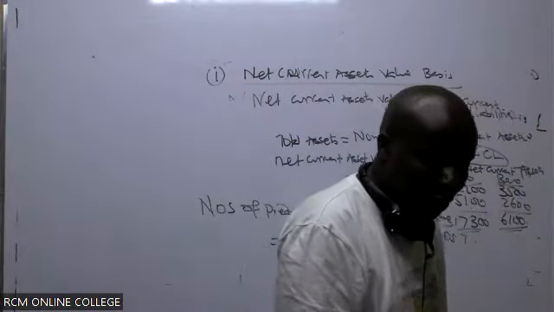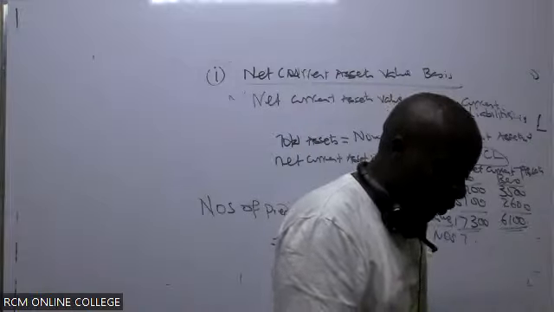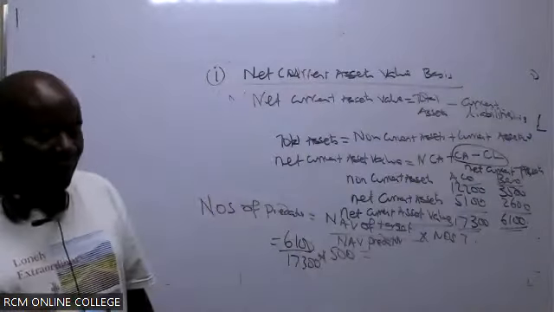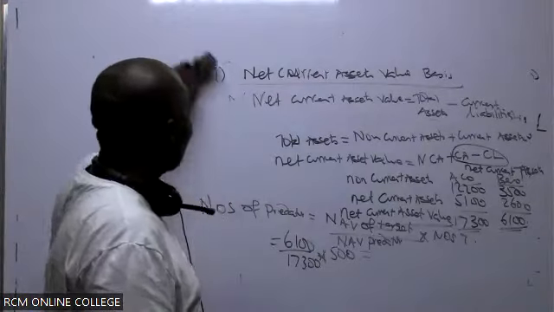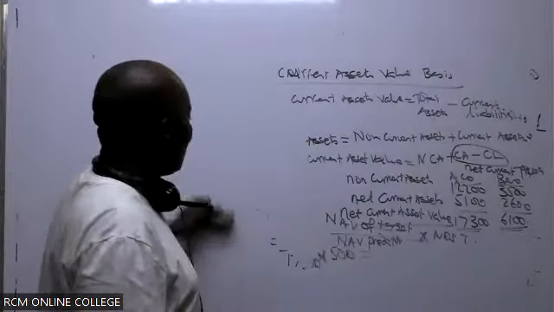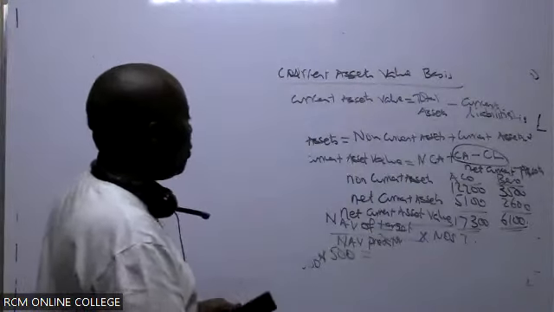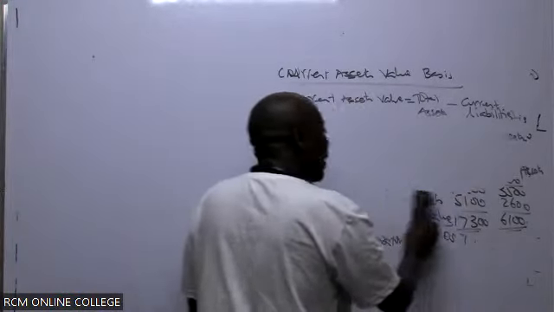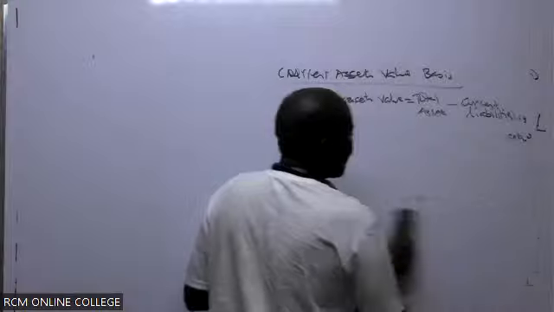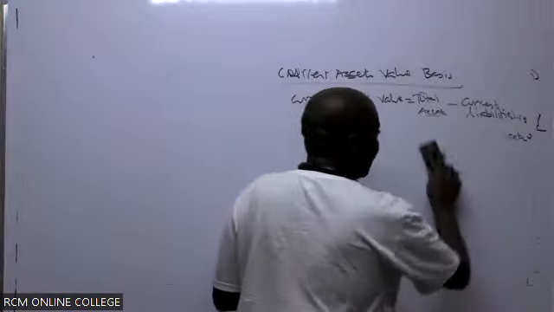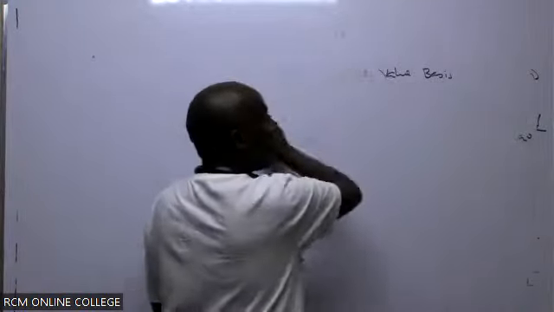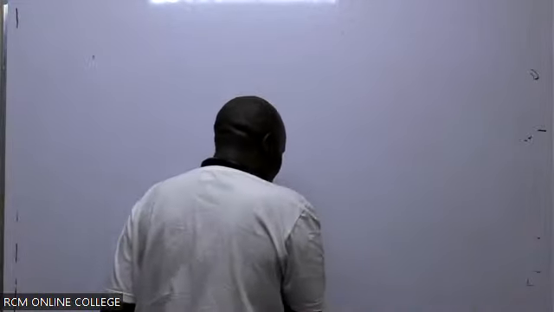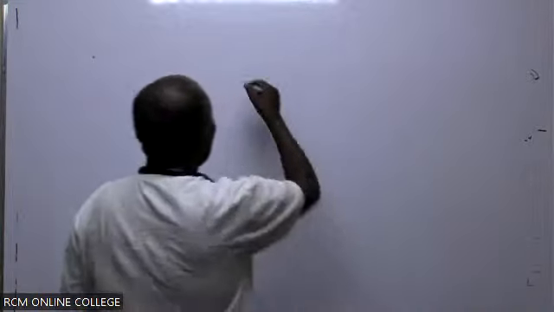In this case you have a company that has approached you wanting to buy all your shares. How do you get to value your business? You can't just say you're going to sell for 10 bob a share, for 20 bob a share. No, we need proper valuation. So how do we get to value our businesses?